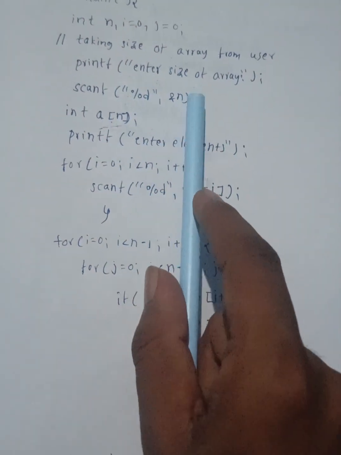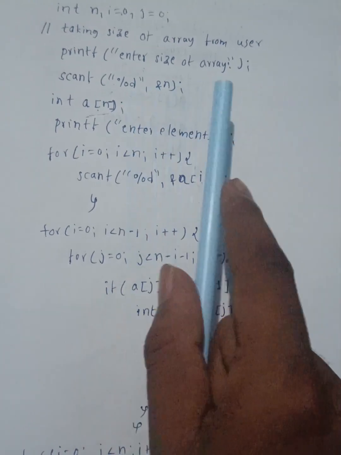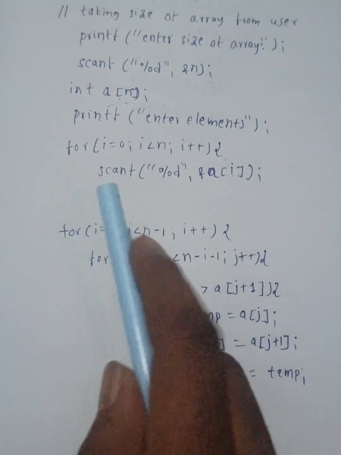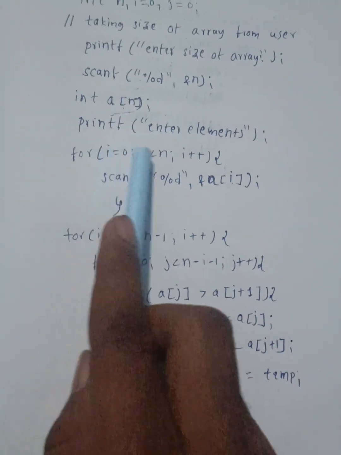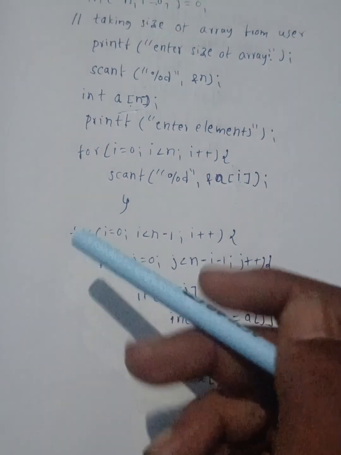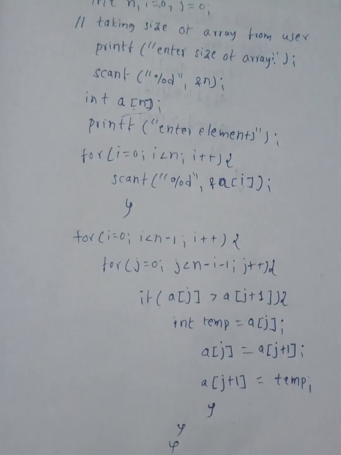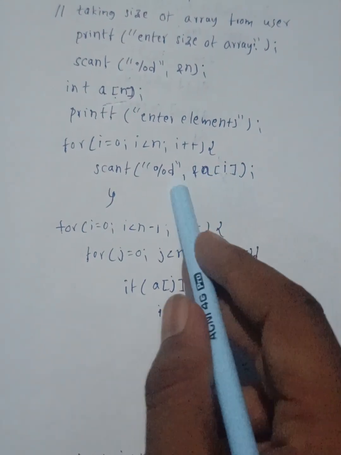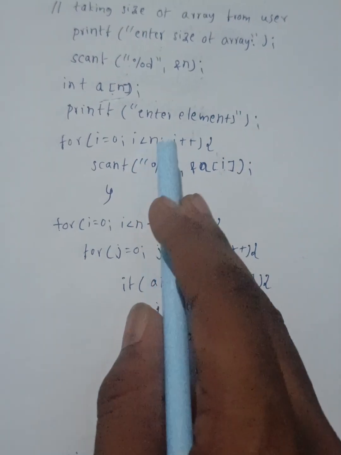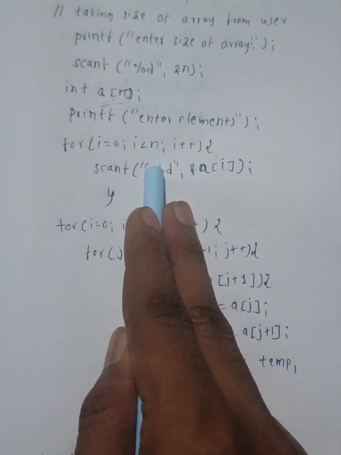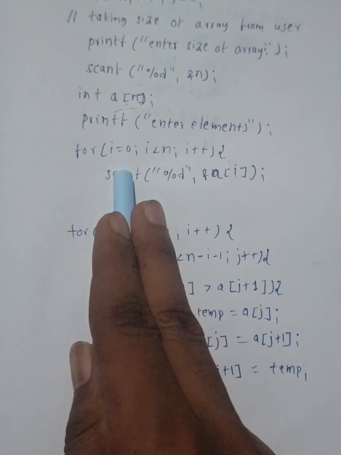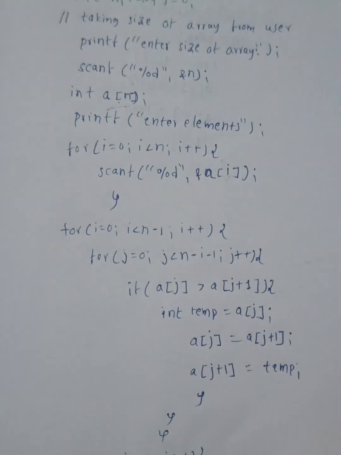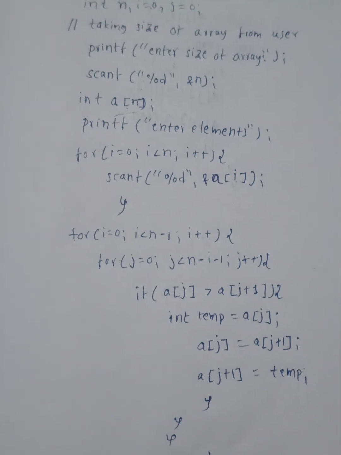So printf enter size of array, scanf %d and store it, and int a of n, which is the list. Then printf enter elements, for i equal to 0, i less than n, i plus plus, scanf %d, we take every element from the user, which is n elements. So with i equal to 0, i less than n, so 0, 1, 2, 3, 4, which is 5 elements, n equal to 5.